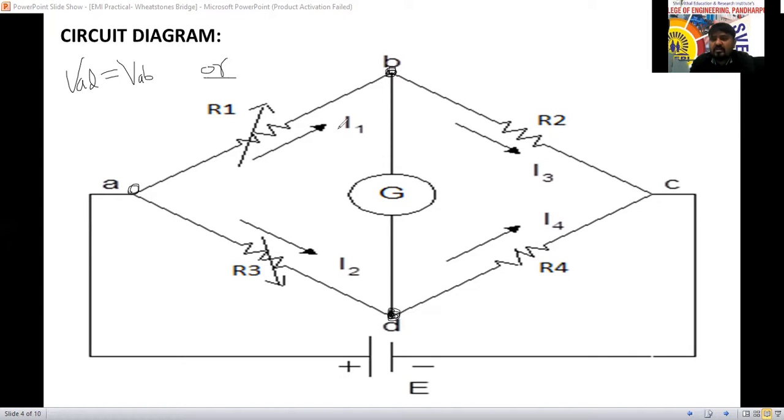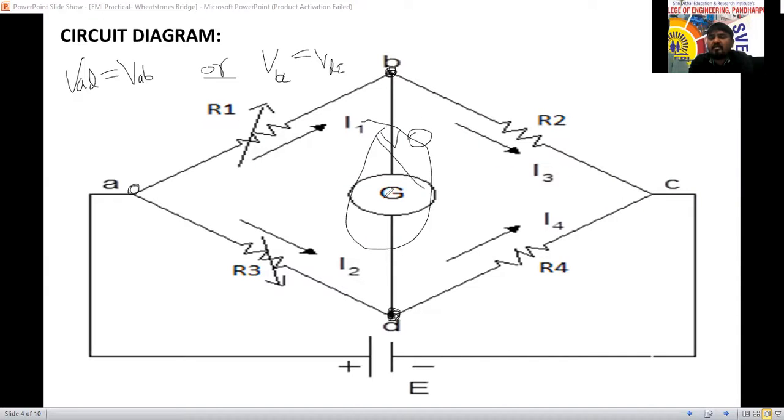B to C and C to D. If the potential drop VBC is equal to VDC, then also we can say that the bridge is in balanced condition. The galvanometer is connected at B and D. So if the potential difference between point B and point D is equal, then the current flowing through this galvanometer will be 0, so it acts as an open circuit, as if there is no galvanometer at all.